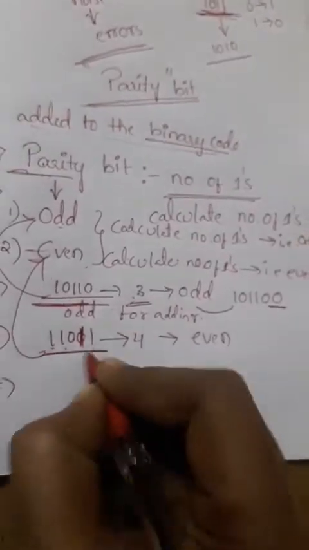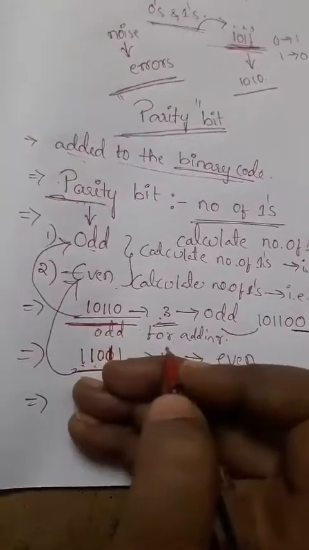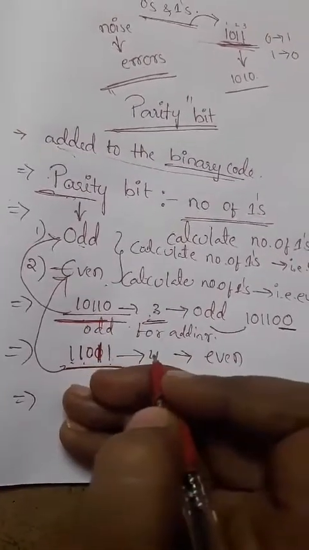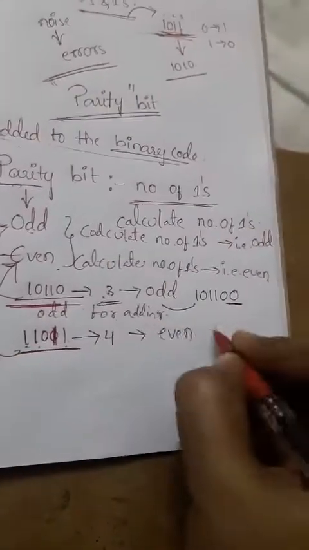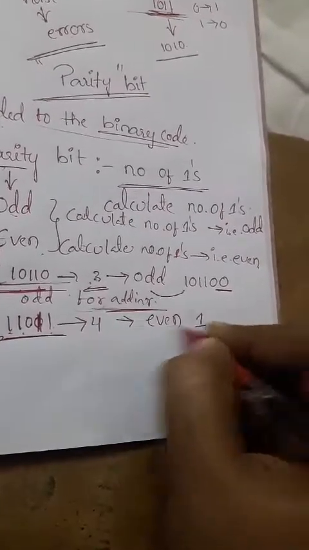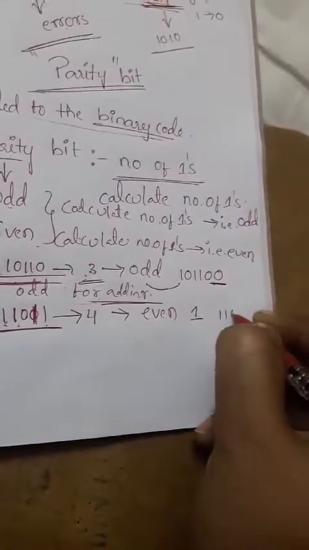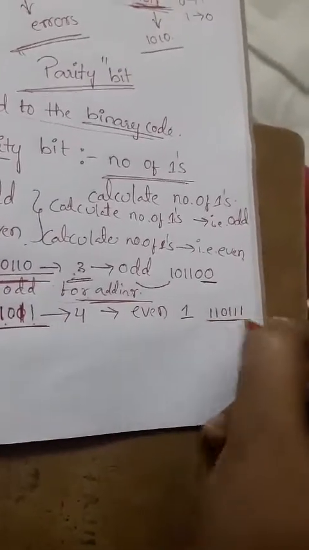It has 4 ones, but if you need odd parity, we need to add one bit. I can add 1 to this binary code, making it 111011.